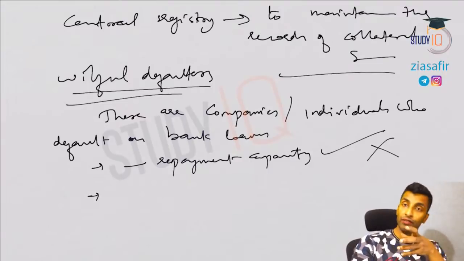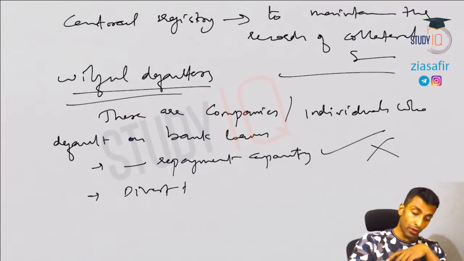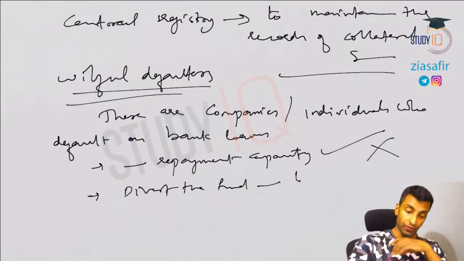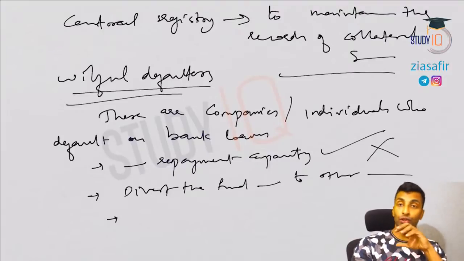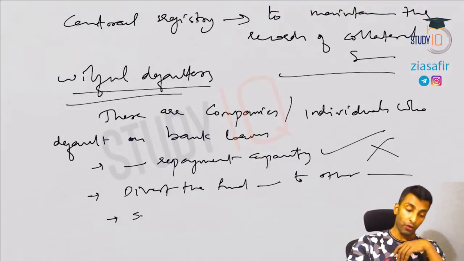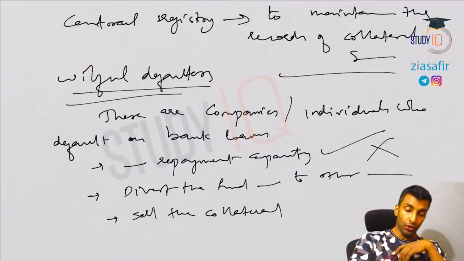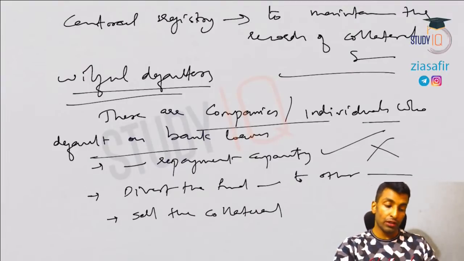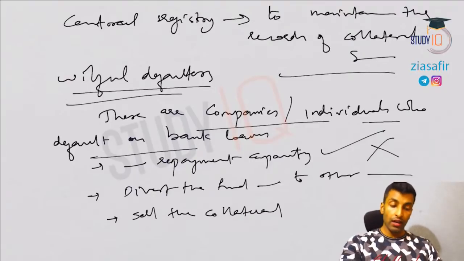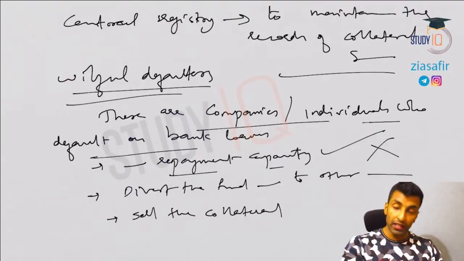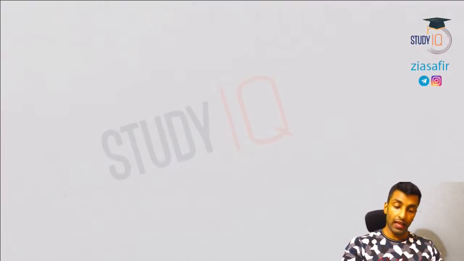Secondly, divert the fund to other activities. Third one, you will sell the collateral asset without informing the bank. So these are companies or individuals who default on bank loans and they have the payment capacity but they are not repaying the bank loan, then divert the funds, sell the collateral. All these are coming under this.